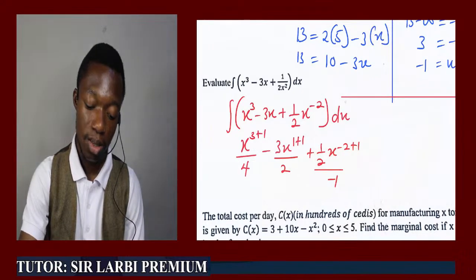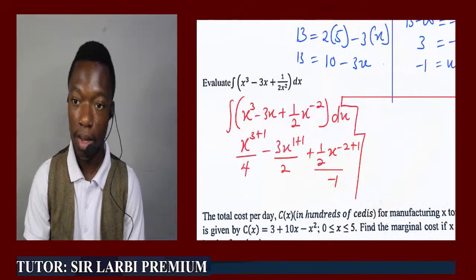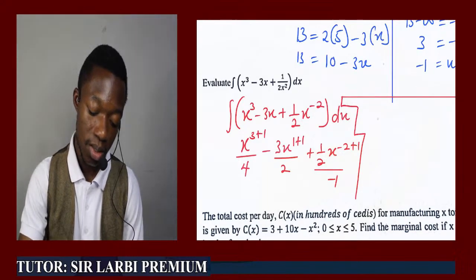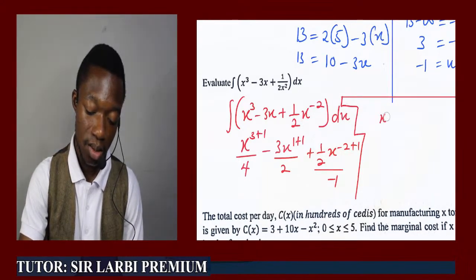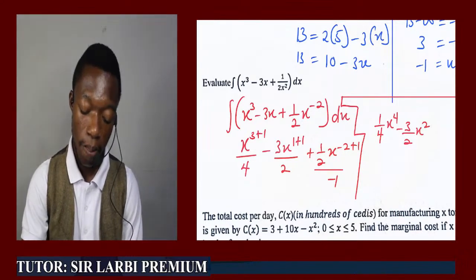We can write this as 1 over 4 x to the power 4, minus 3 over 2 x to the power 2.